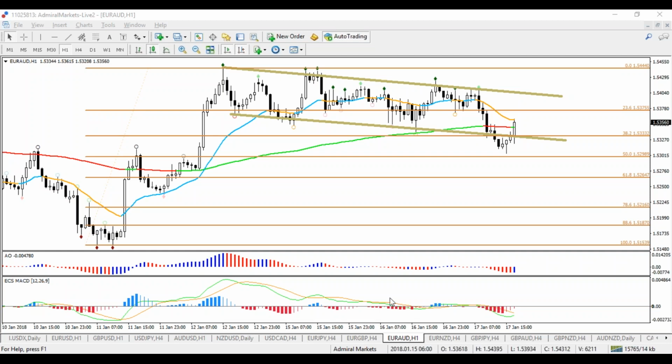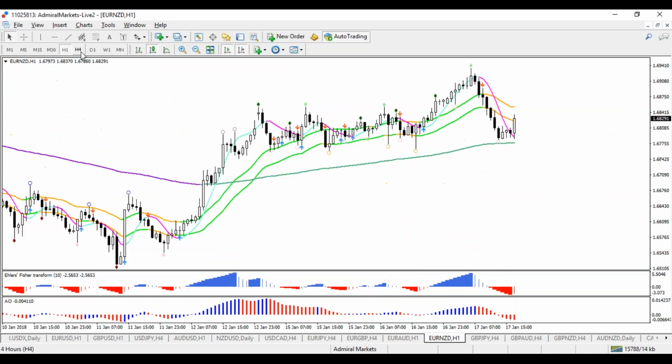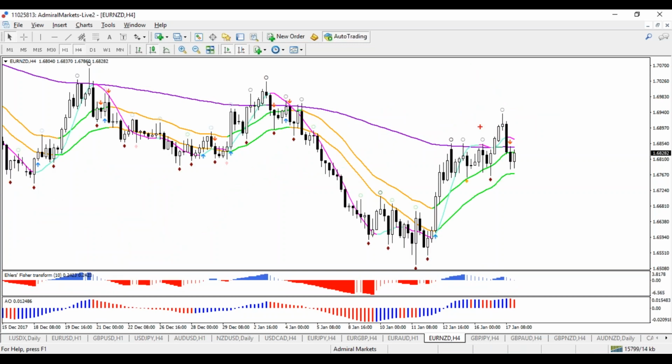Alrighty, so euro New Zealand could be the same thing. It might make an ABC2, in fact. It's looking a little bit different because it's still at support, so that could be an A2, by the way. It could be A, B, C. So that is something that is threatening these, or threatening is maybe not the right word, but there's a potential for these.